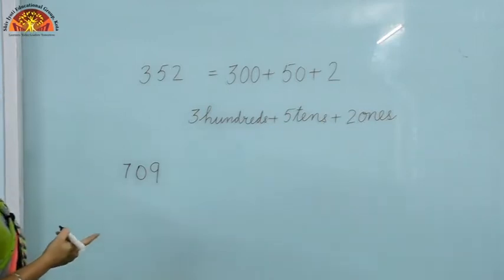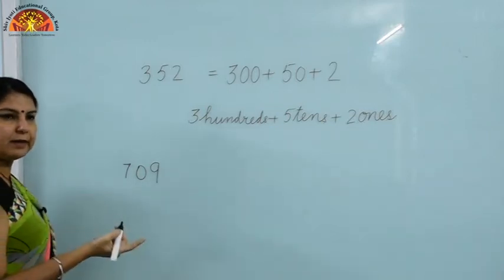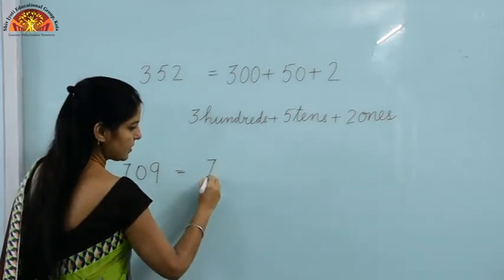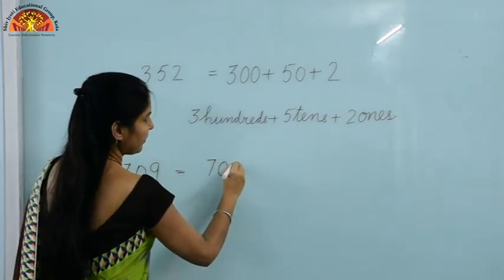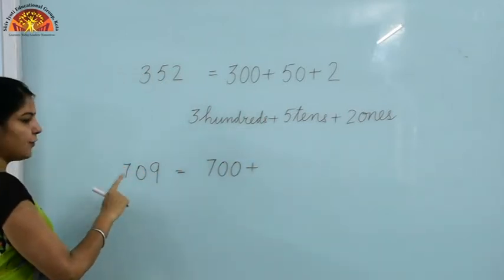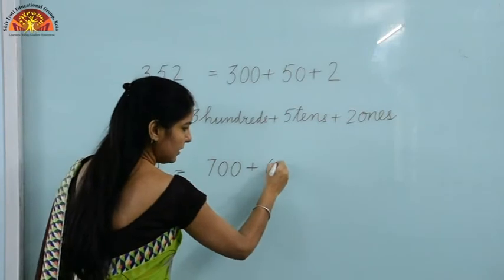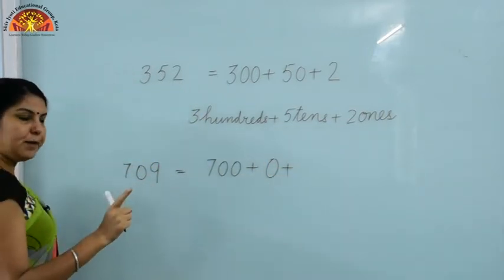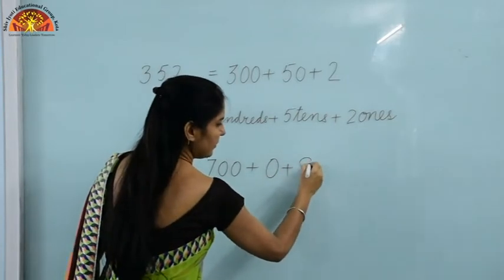Now we will write this number in expanded form. 7 is at hundreds place, so we will write 700. Here there is no number at tens place, so we will write 0 as it is. And 9 is at ones place, so we will write 9.